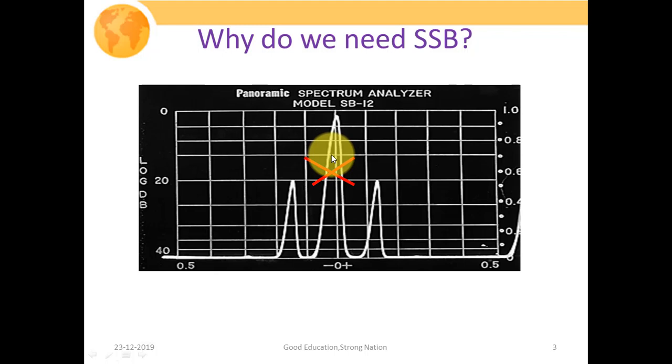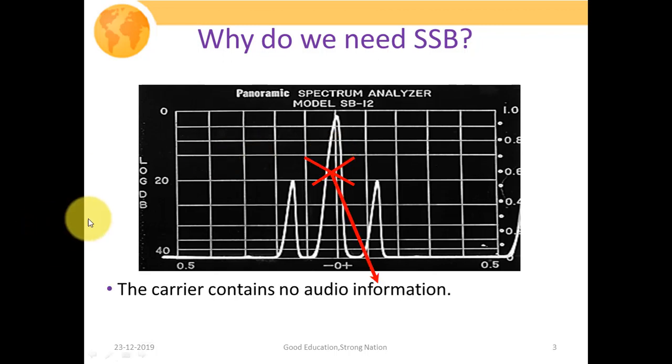So if it doesn't contain any information, it would be better if we do not transfer this carrier signal, so that we can save a certain amount of power. Then again, in the lower sideband and upper sideband we will have information, but they are copies of each other.